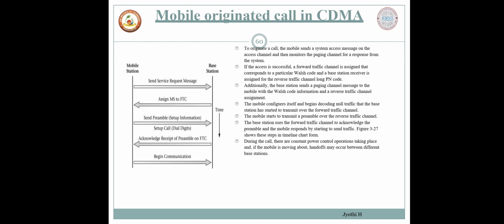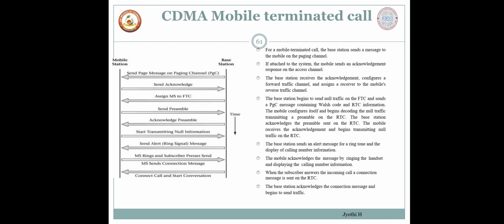The mobile configures itself and begins decoding the null traffic that the base station has started to transmit over the forward link channel, and the mobile starts to transmit the preamble over the reverse traffic channel. The base station uses the forward traffic channel to acknowledge the preamble, and the mobile responds by starting to send traffic. During the call, constant power control operations take place, and if the mobile is moving out, handoff may occur between different base stations.